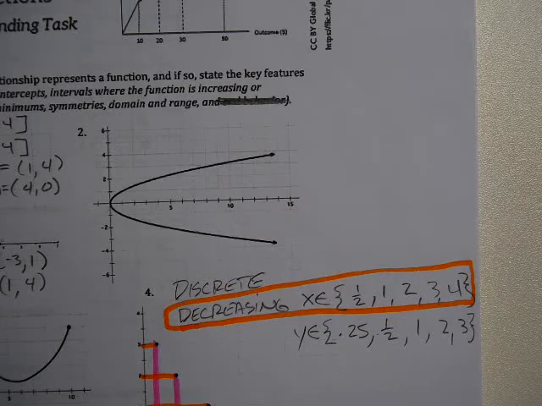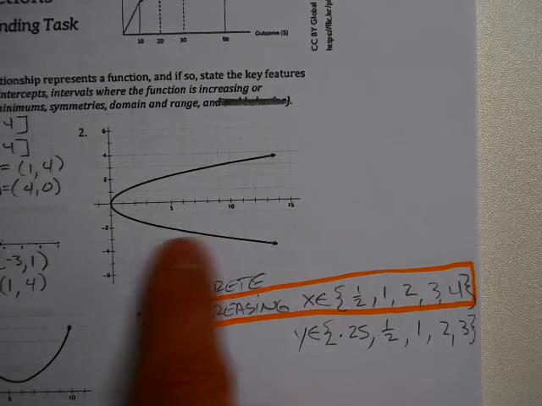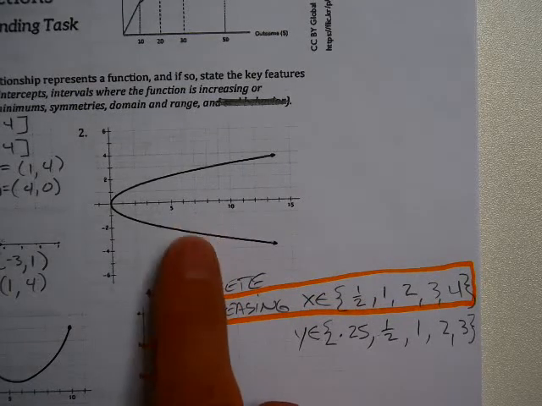And I think I showed you how to decide if a graph was a function. You guys remember the vertical line test? Yes. So if I could draw a vertical line anywhere and touch in 2 places, it's not a function. So is this a function or not? It's not a function.